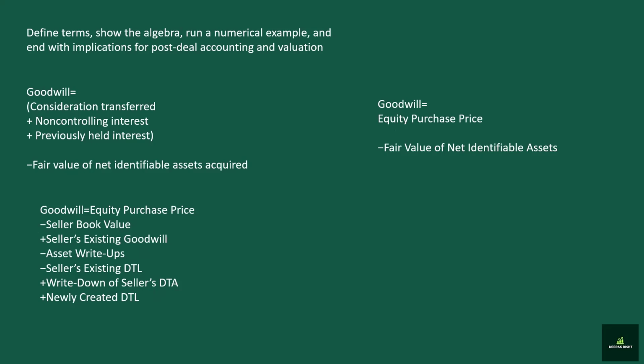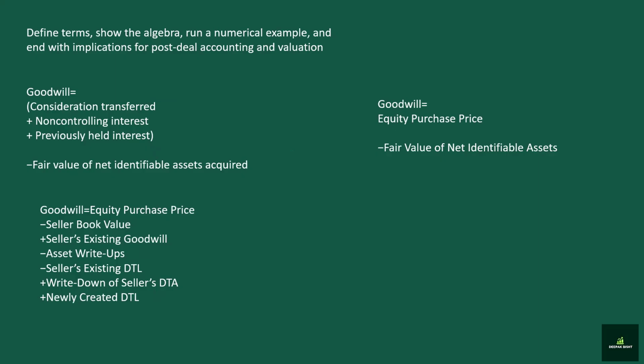Formally, goodwill is this formula: consideration transferred plus non-controlling interest plus previously held interest, and then we subtract the fair value of net identifiable assets acquired.